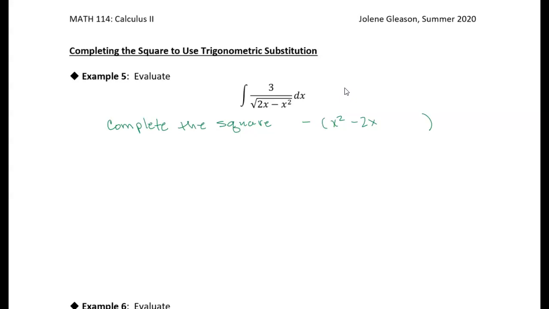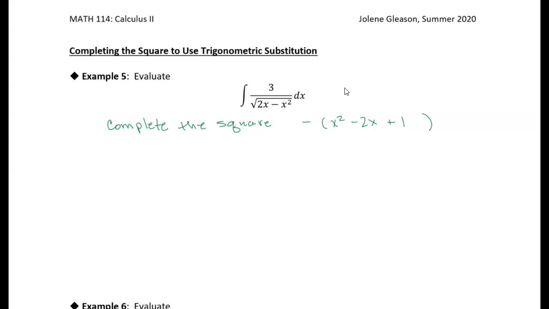Now, what do I need to add to this expression in parentheses to make it a perfect square? Well, basically you just take half of the middle coefficient and square it. So half of -2 is -1, squared is 1. Okay, so I'm adding 1 inside the parentheses. But I don't actually want to change the expression. I want to have the same value.